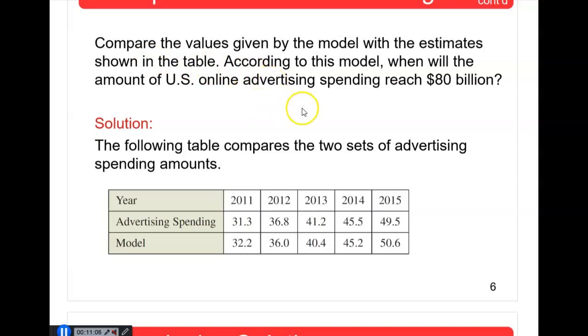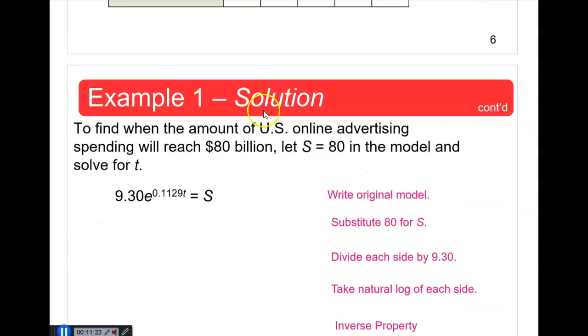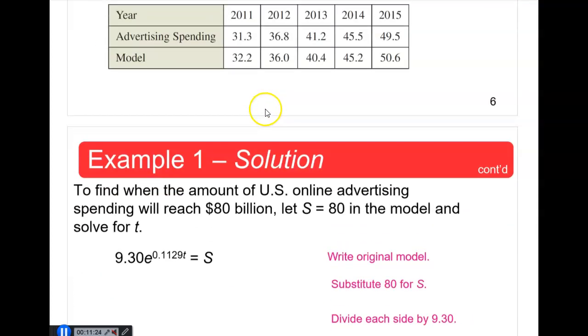According to this model, when will the amount of U.S. online advertising spending reach 80 billion? So we're going to use the next slide to do that.